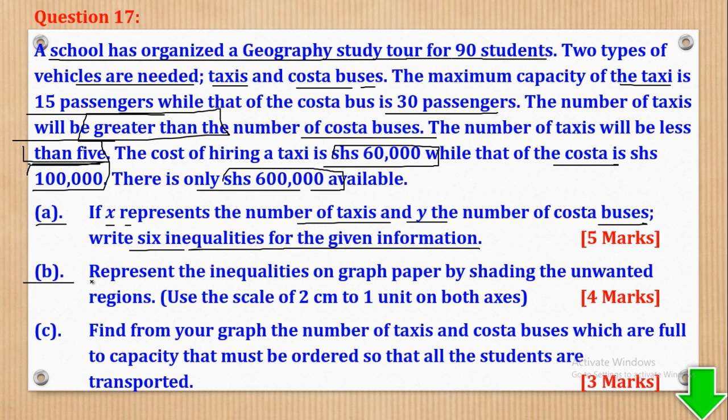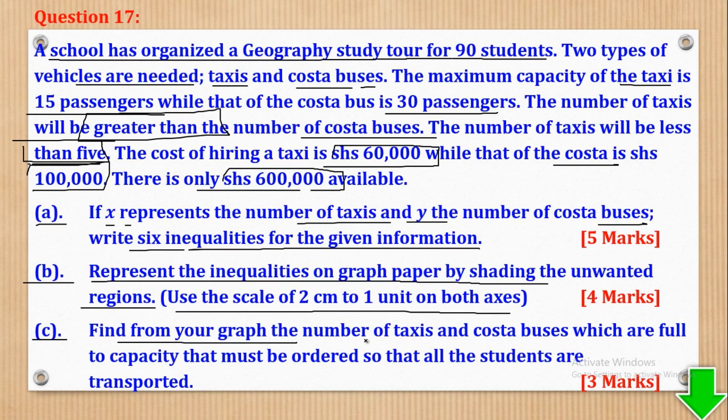Then part B, represent the inequalities on graph paper by shading the unwanted regions. Use a scale of 2 centimeters to 2 units on both axes. Then part C, find from your graph the number of taxis and coaster buses which are full to capacity that must be ordered so that all the students are transported. So this is under linear programming, so let's see how it can be done. We shall start with part A.